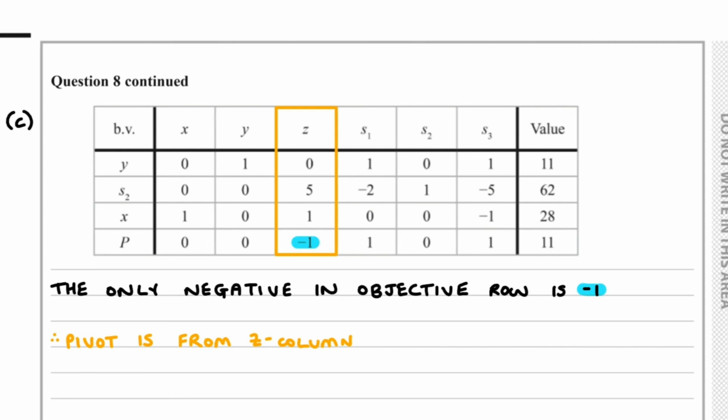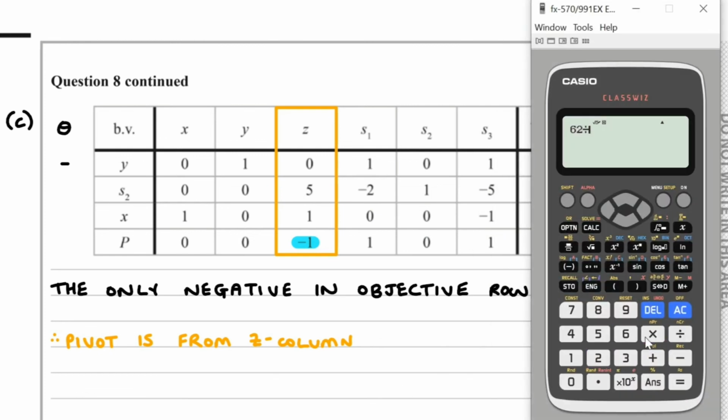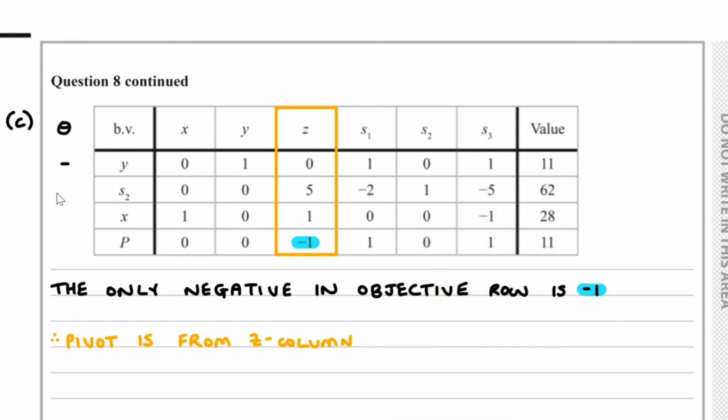Now, what we will do at this point is work out our theta values. We can't work out 11 divided by 0. That's undefined. We've got 62 divided by 5. If I work out what that is, that's equal to 12.4. So my theta value here is 12.4, and 28 divided by 1, that's 28.